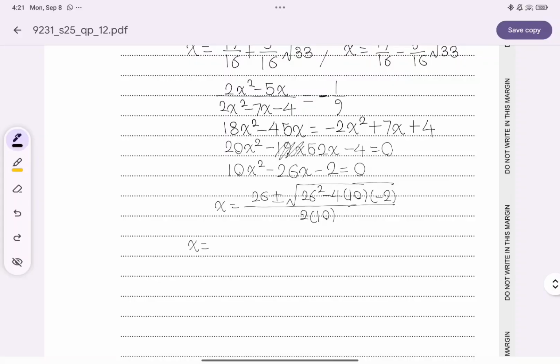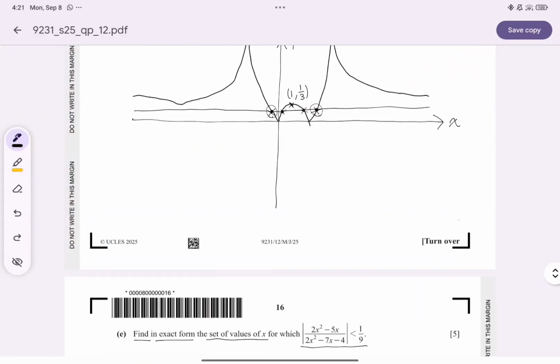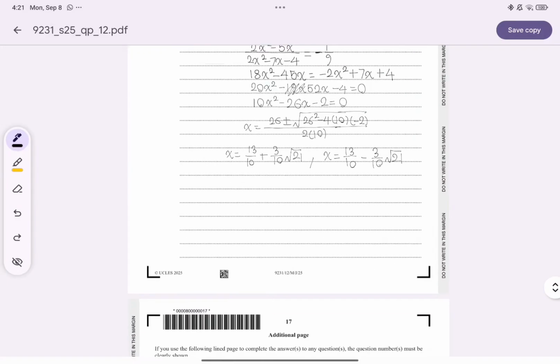So x would be 13 over 10 plus 3 over 10 square root 21, and the other one would be 13 over 10 minus 3 over 10 square root 21. So we have found these 2 points, and our answer would be in between this range and this range.